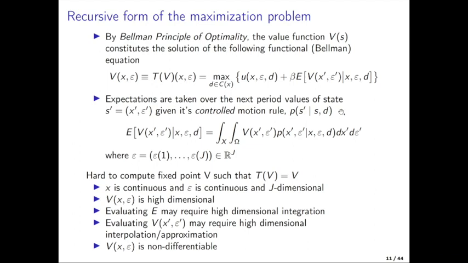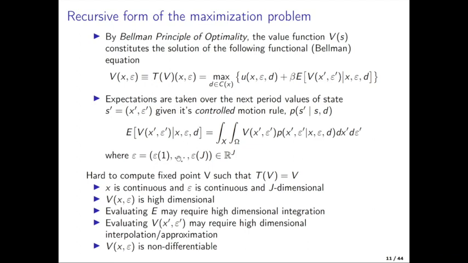And this requires a double integral over the state variables x and over the epsilons here. This is the support of the epsilons, if you will, which is essentially R to the power of J.